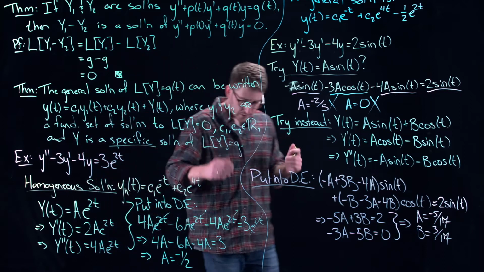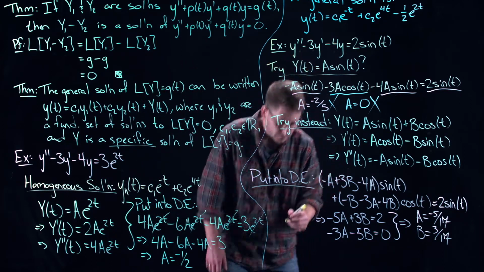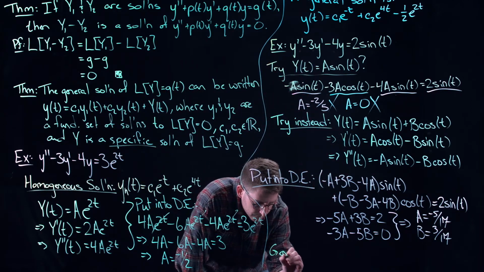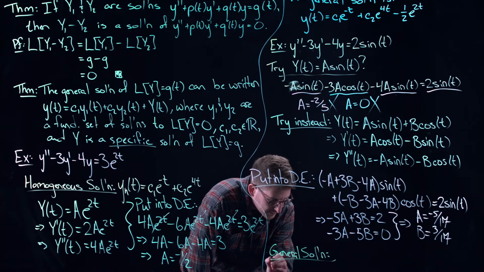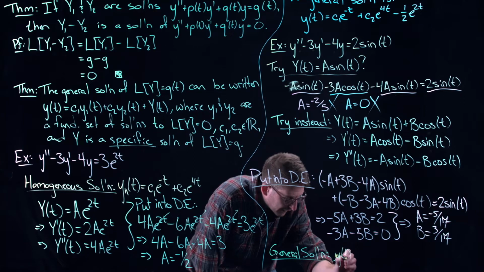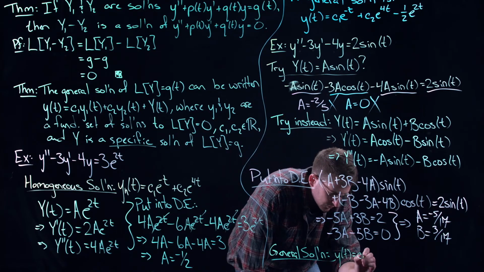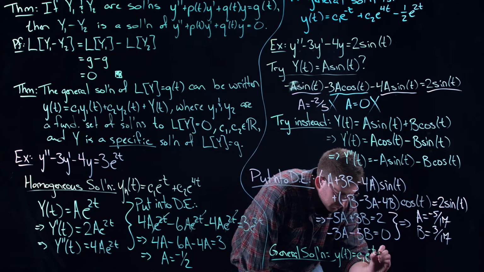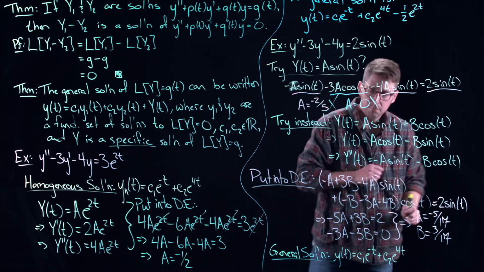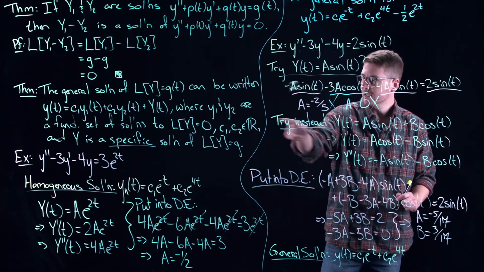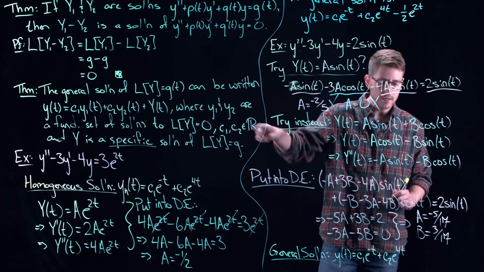And so now I can write down the general solution. Remember, it's the homogeneous part. We've already found that. So that's c1 e to the minus t plus c2 e to the 4t. And then plus the particular or specific part coming from this theorem right here.